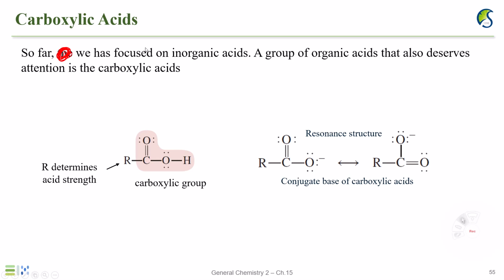So far, most of the acids that we studied are inorganic acids. Now let's study one example of an organic acid, which is carboxylic acid. The acid that we previously saw, CH3COOH, acetic acid, is one type of carboxylic acid.